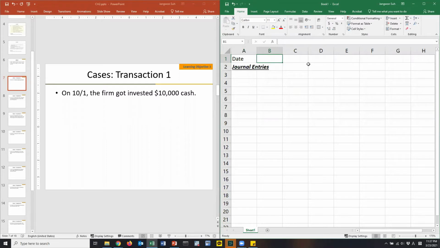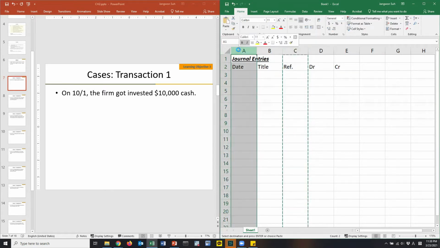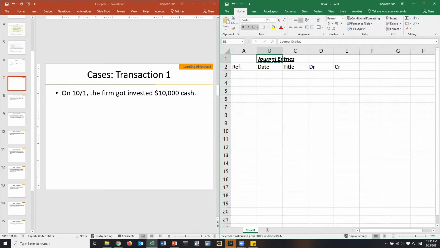Date, title, debit, credit. We will enter this, and maybe I can add one more line as a reference. Maybe I can add reference here at column A. Let's make a reference of J1, the first transaction's journal entry.